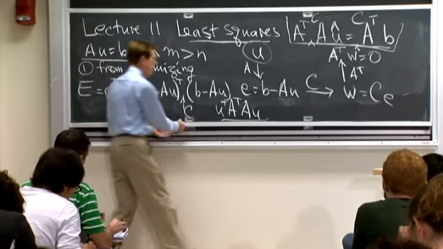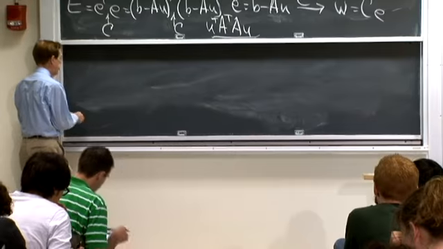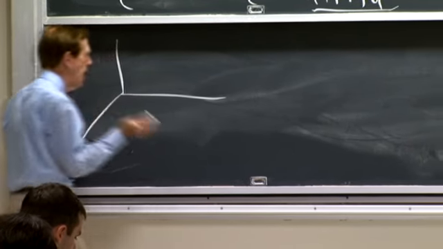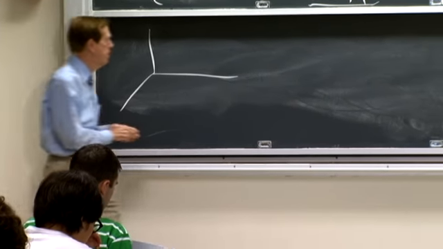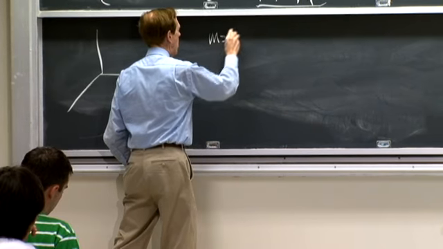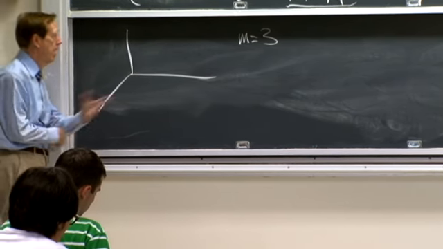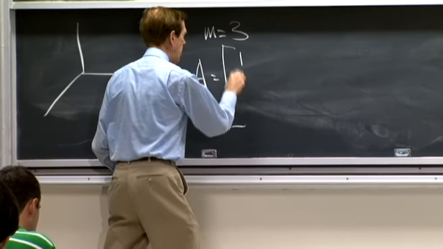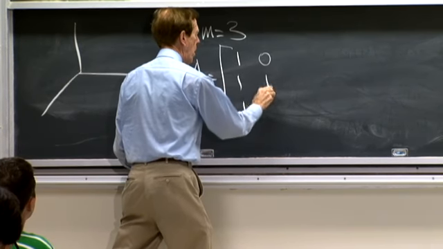All right, let me draw that picture again. My example was in 3 dimensions. So M equals 3. I've got 3 equations. The matrix A, I'm afraid I don't remember what it was, but I think it was something like 1, 1, 1, 0, 1, 3.